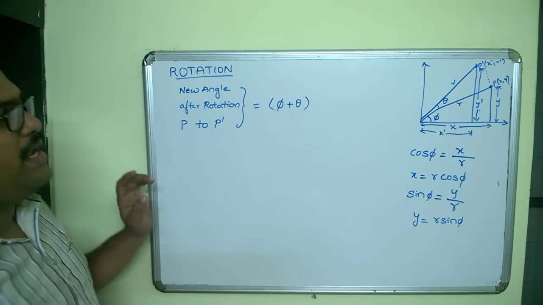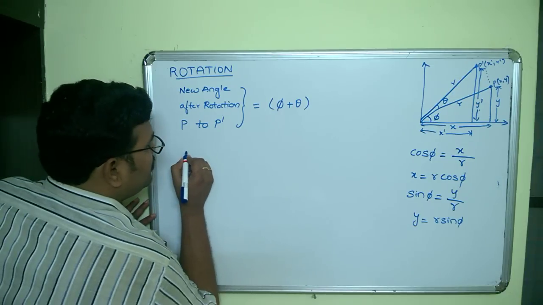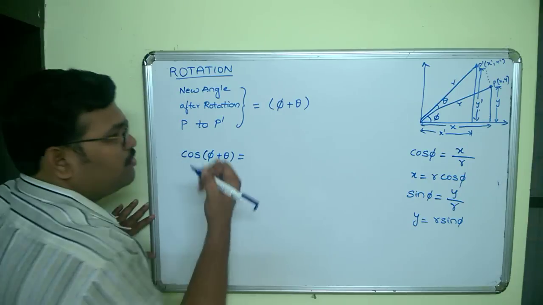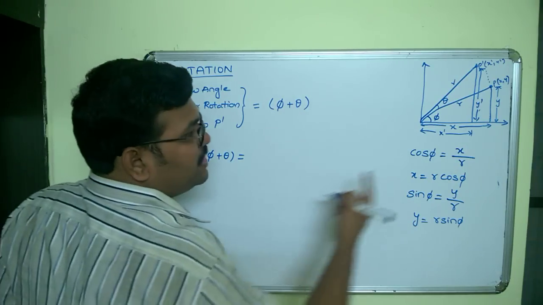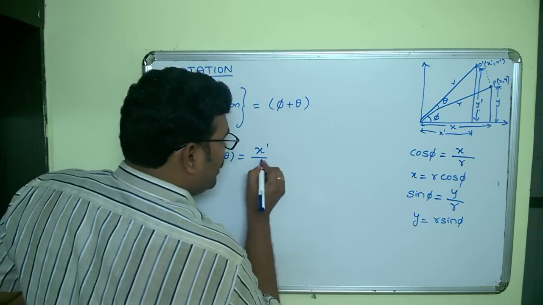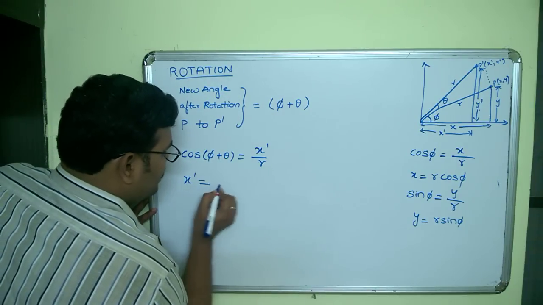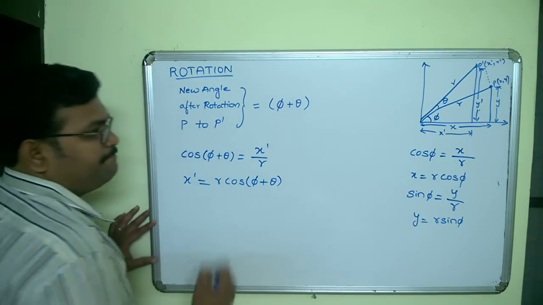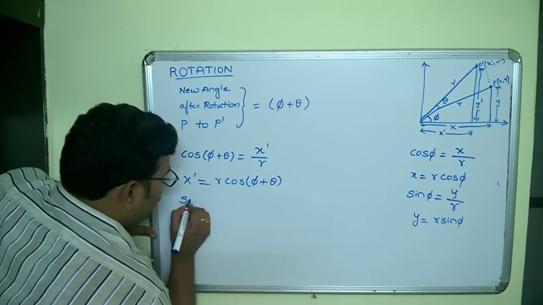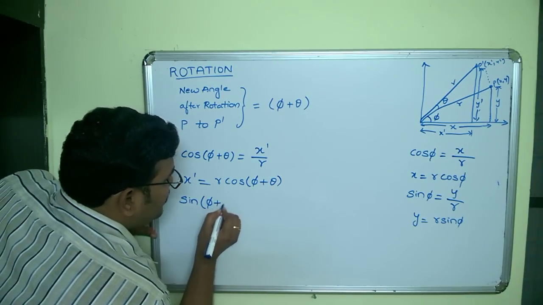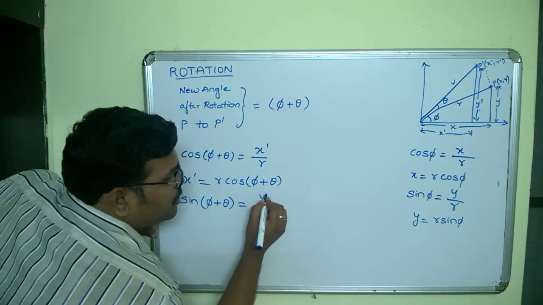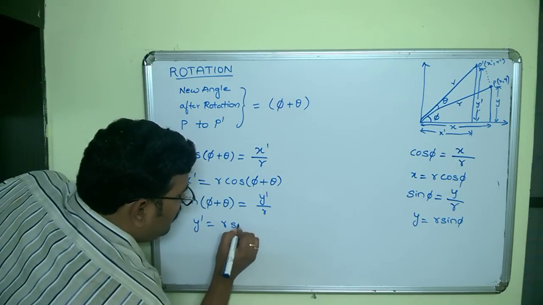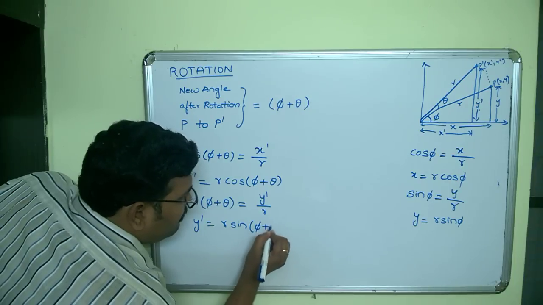So from this new angle, cos (phi plus theta) is equal to the adjacent side, that is x dash by r, that means x dash is equal to r cos (phi plus theta). Similarly, sin (phi plus theta) is equal to the opposite side, that is y dash by r. So from this, y dash is equal to r sin (phi plus theta).